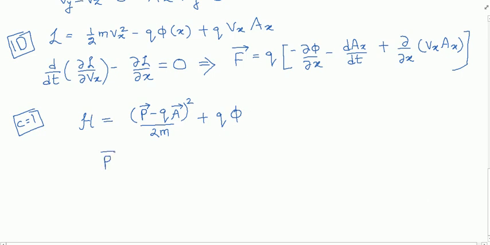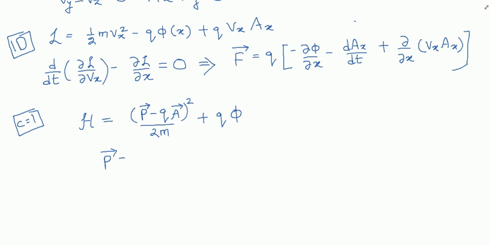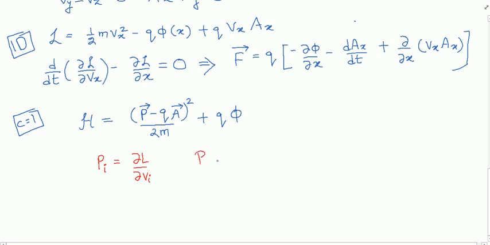Now P is actually, for example, all the components of P can be evaluated as the following. Let me not write the P vector. Let me tell you how you can evaluate the P. P is actually the conjugate momentum, and you can calculate this in this way: del L by del vi. For example, if you want to calculate the x component of conjugate momentum, then you have to do this.